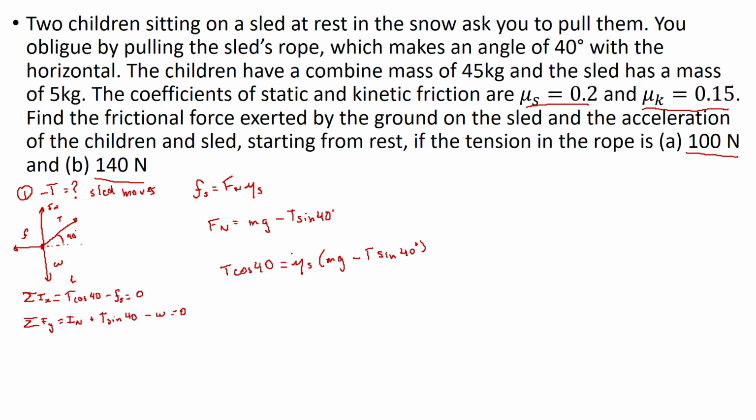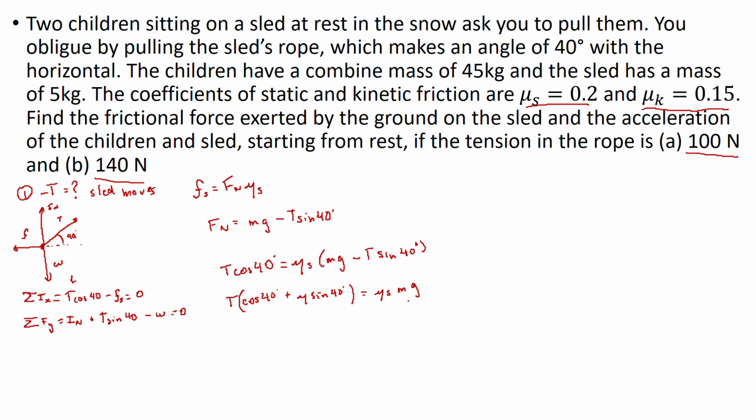From here I need to solve for t, and I'm going to find that t cosine of 40 plus mu s t sine of 40 degrees is going to be equal to mu s mass times gravity.